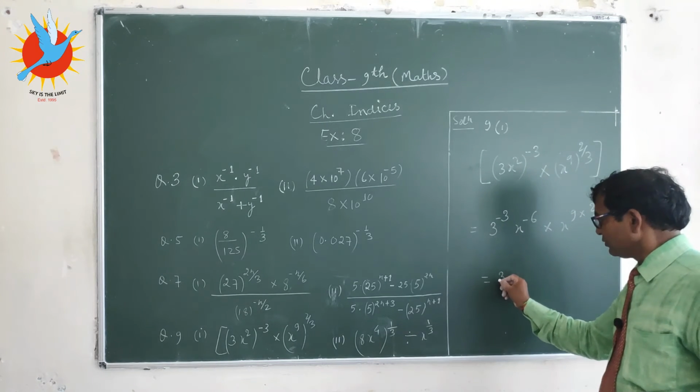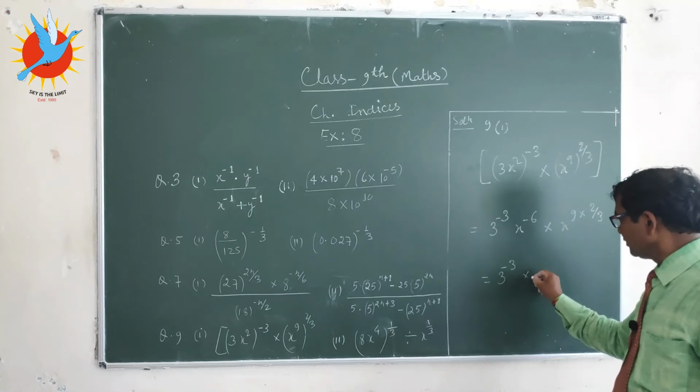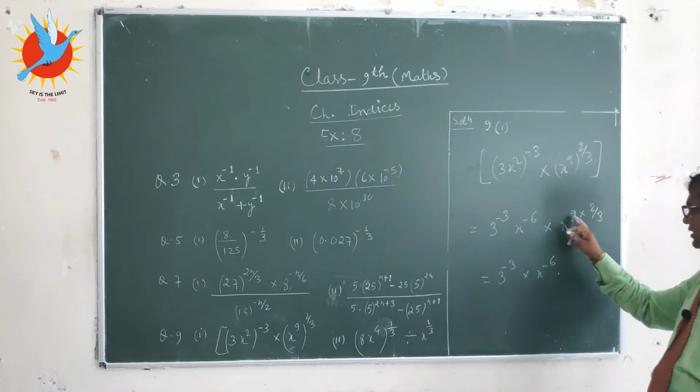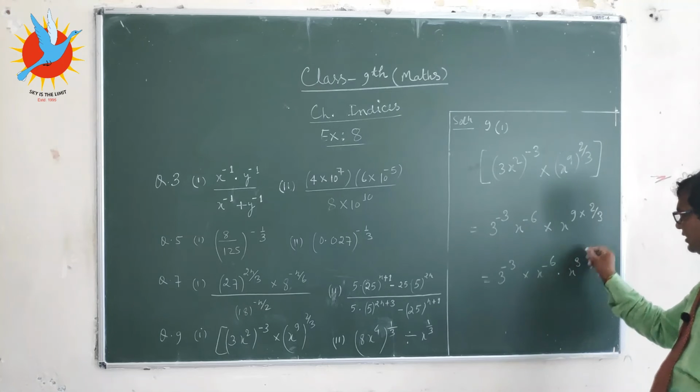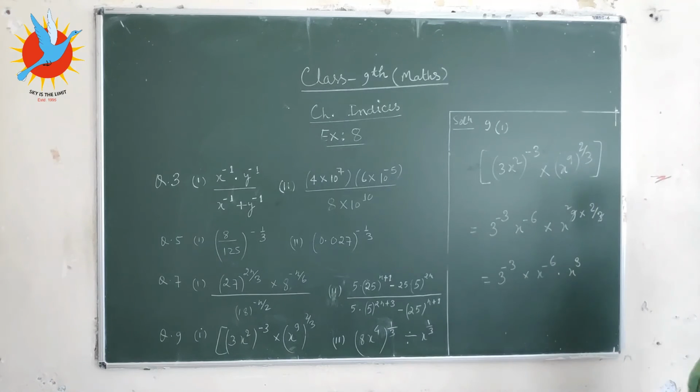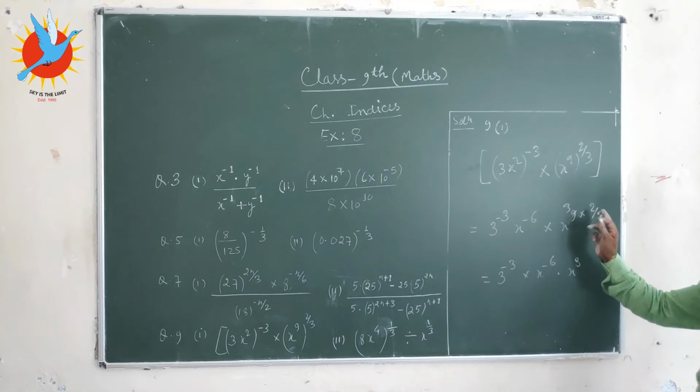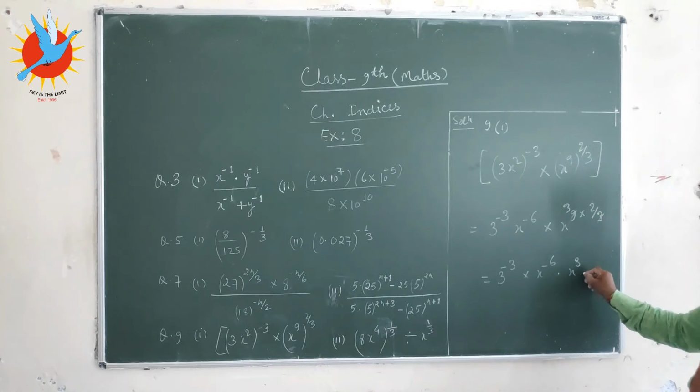This will become 3 to the power minus 3 into x to the power minus 6 into x to the power 3 threes are 9 and 3 twos are 6.